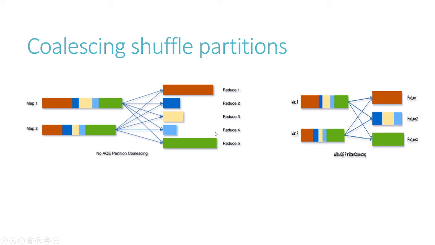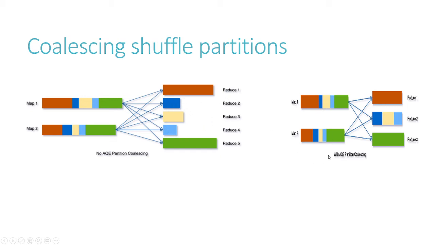So basically, previously this file was divided into this number of partitions. But now in AQE, wherever the small partitions are there, those are combined into one huge partition.